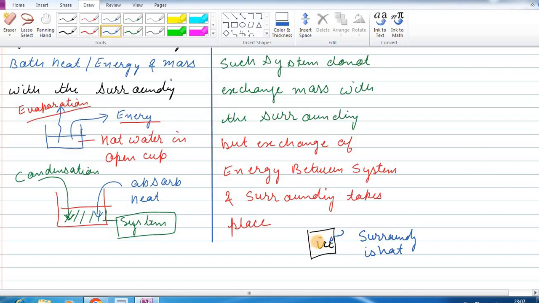There will be only a change in the temperature, or there may be a change in the state of that matter, but the mass remains intact.